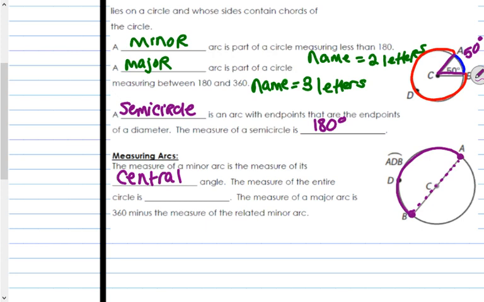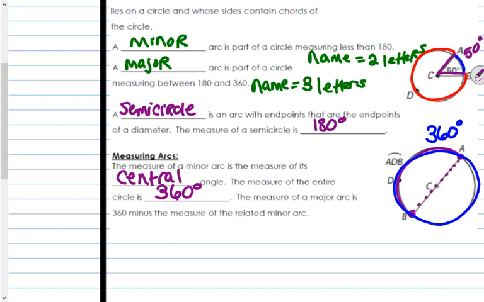The measure of an entire circle, you should be comfortable with that, is 360 degrees. So from A to D to B, all the way back to A, is 360 degrees. And that should be something that you should already know. And the measure of a major arc is 360 minus the measure of the related minor arc.